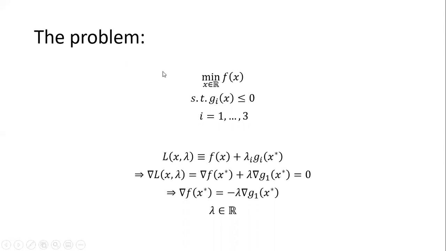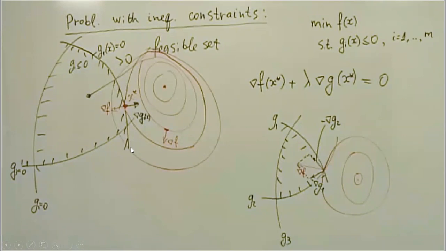Now we will show our problem with equations. Our problem is finding the minimum of f(x) subject to g_i(x) less or equal 0, where i is 1, 2, or 3. And now we will show the Lagrangian. The Lagrangian is f(x) plus sum of lambda_i g_i(x star), but here we can see that x star only touches g1.